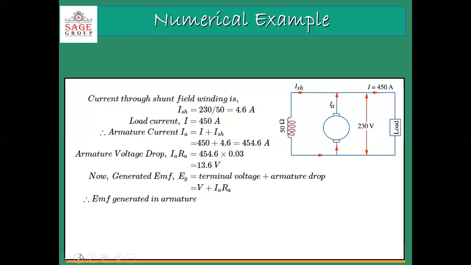Therefore, the EMF generated in the armature is equal to 230 plus 13.6 volt. 243.6 volt is the total voltage generated by the armature, which is also the numerical answer for the given problem.